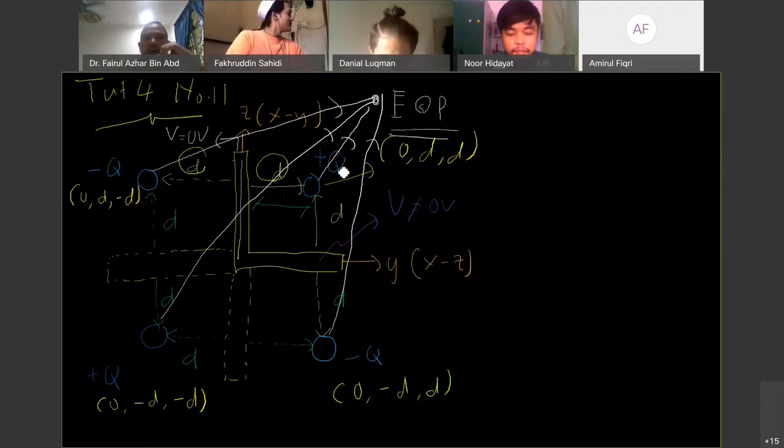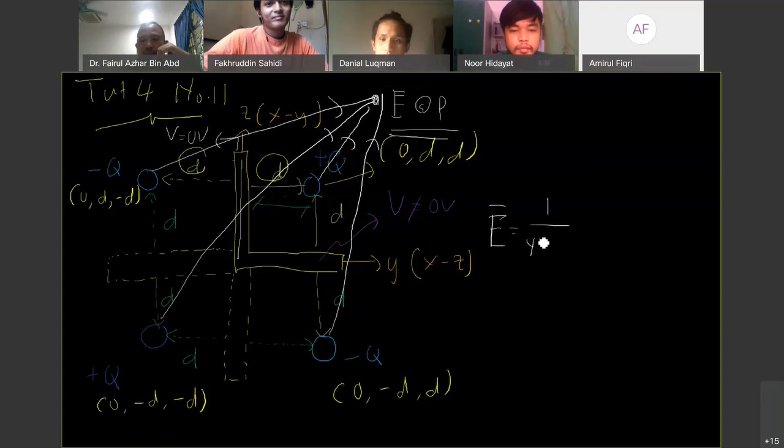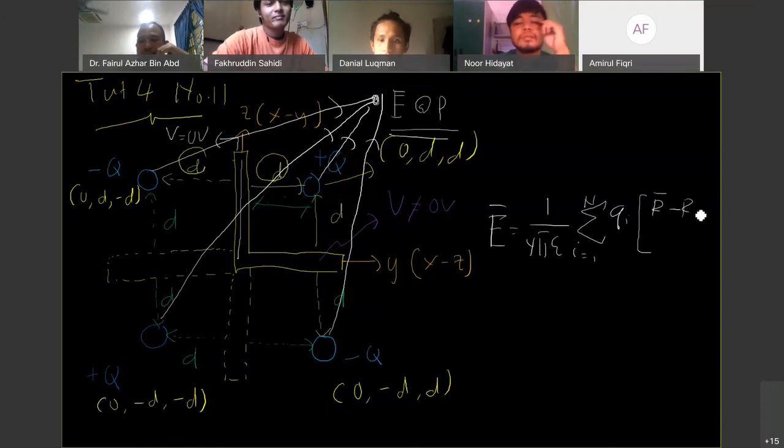In this particular case, maybe we can use Coulomb's law. So E is equal to 1 divided by 4 pi epsilon, summation i from 1 until n, Qi, vector R minus vector Ri, divided by its magnitude to the power of 3.